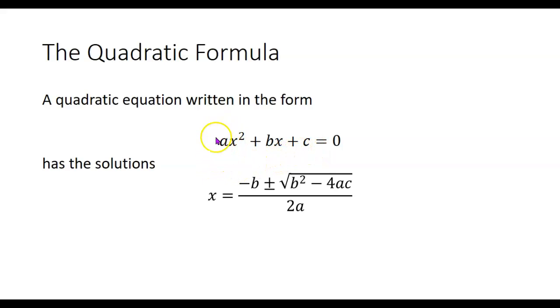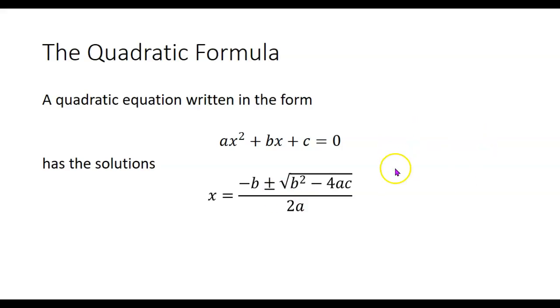The A stands for the coefficient on x squared, the B stands for the coefficient on x, and the C stands for the constant term. So if you plug those three numbers into this formula and do what the formula tells you to do, it will give you usually two different solutions. One when you take the plus here, when you add, and the other one when you do the minus, when you subtract.